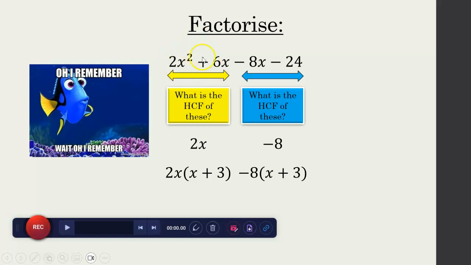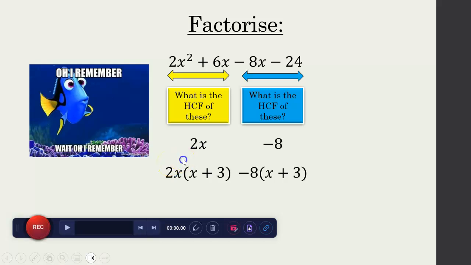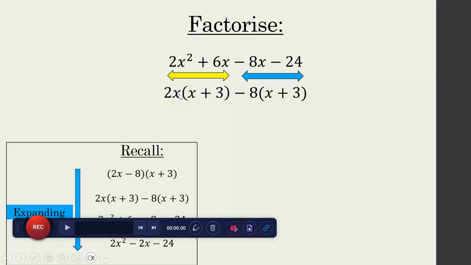I looked at the first two, I factorized. I looked at the second two, I factorized. Okay, so where do we go from here? Well, think about it now. We started off with this, and then we got to here. Well, remember when we had these two brackets at the start?